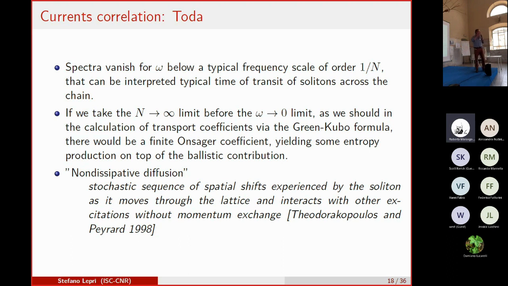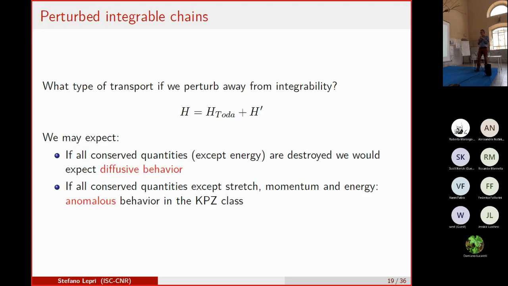So there is a form of irreversibility also in this process, also for an integrable system. So the situation is a little bit more complicated than one would naively expect. Okay, so this was more or less a review on integrable systems.